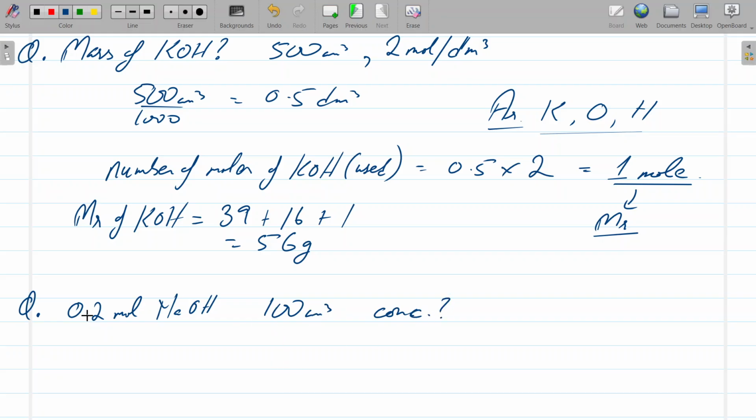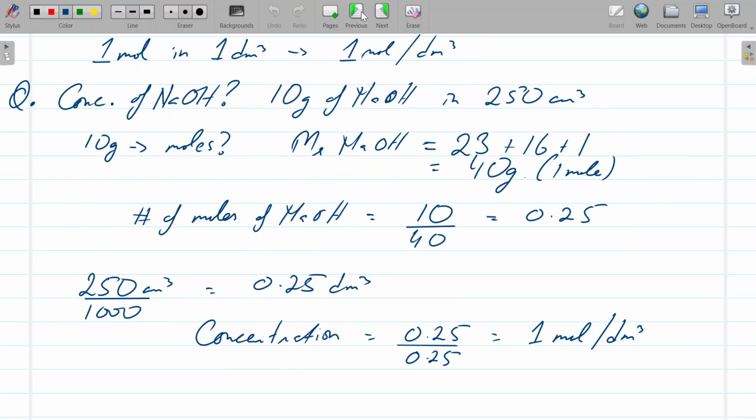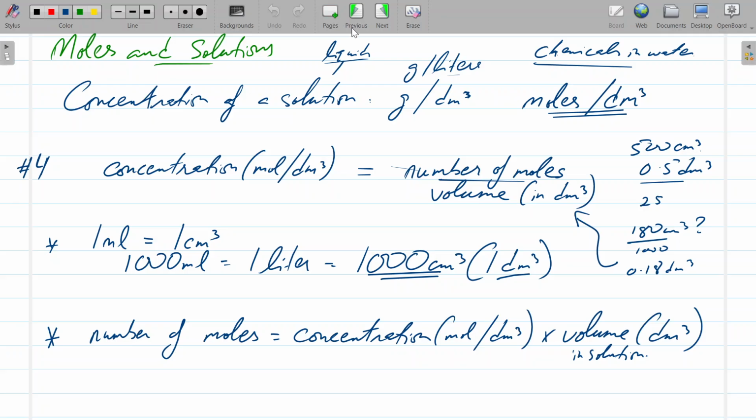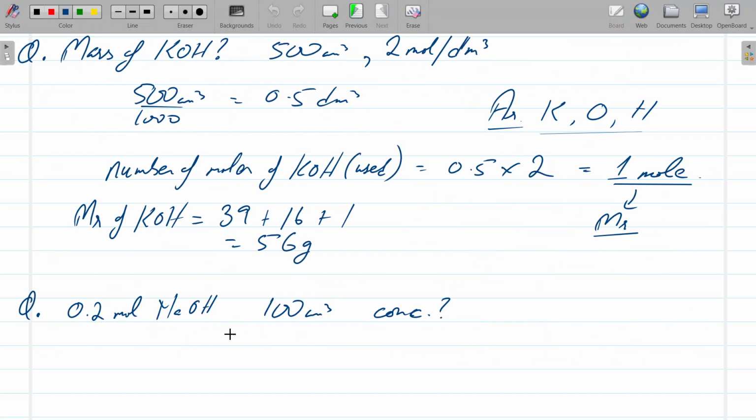right? And so the 100 centimeter cube becomes 0.1 decimeter cube. So going back, concentration is number of moles over volume in dm cube. It's 0.2, so number of moles divided by 0.1, and that gives me 2.